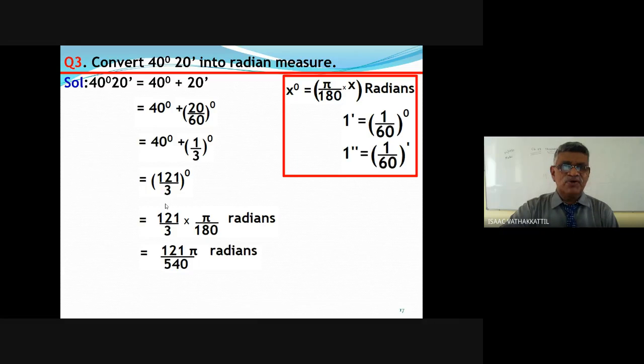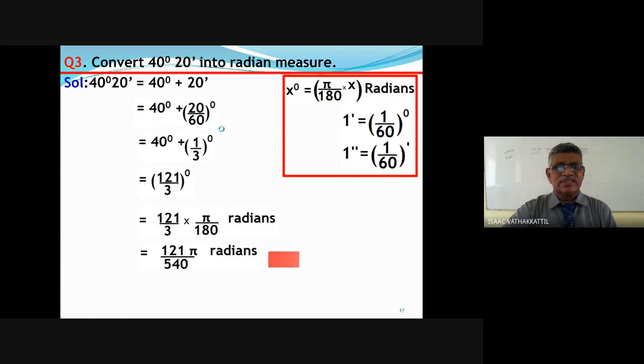So we converted 40 degrees 20 minutes into 121 by 540 pi radians. What we did is, the minutes first we convert into degrees. If you have seconds, those seconds have to be converted to minutes, and further to degrees. And then we convert to radians.